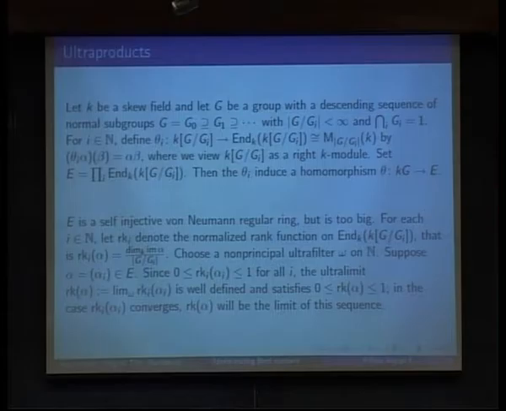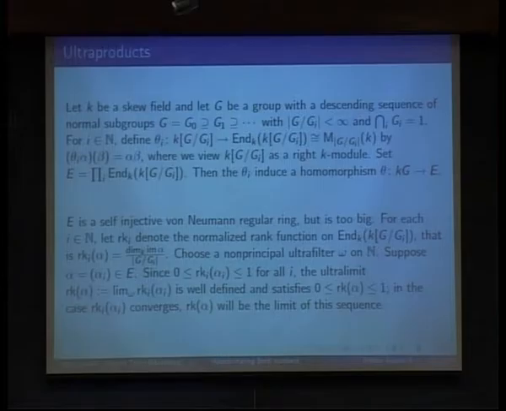So you can combine these concepts as ultraproducts. Let K be a skew field and let G_i be a descending sequence of normal subgroups of finite index intersecting in the identity. And for a positive integer i, let's define a map from KG over G_i to the endomorphism ring of KG over G_i by the left regular representation.